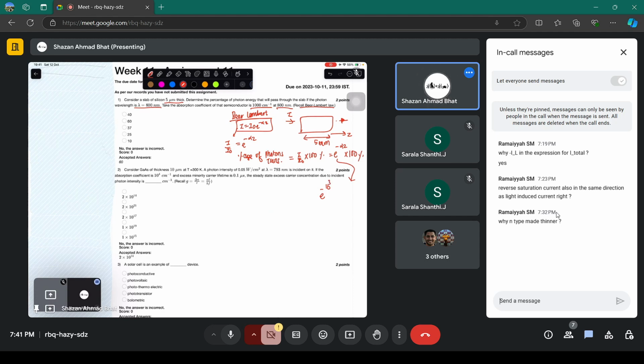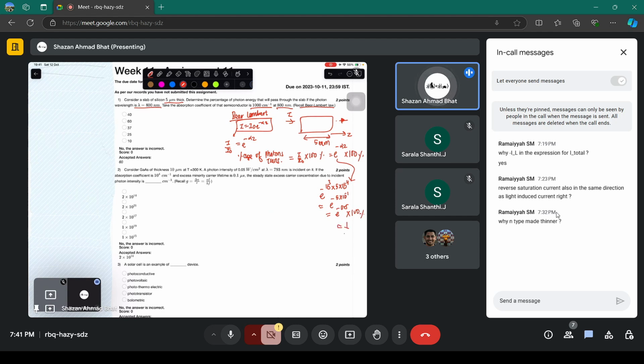And z is 5 micron. You have to convert micron into centimeter. That will be 5 into 10 to the power minus 4. And you will approximately get e to the power minus 5 into 10 to the power minus 1, which is e to the power minus 0.5, into 100%.